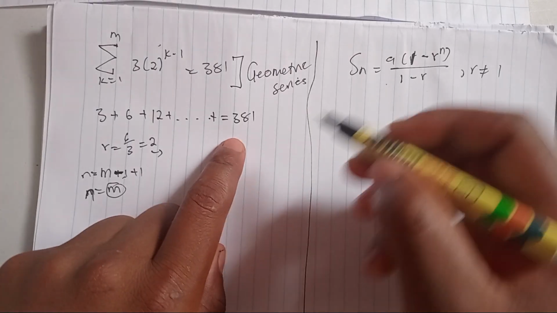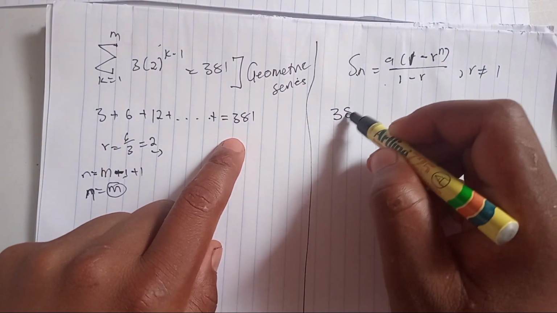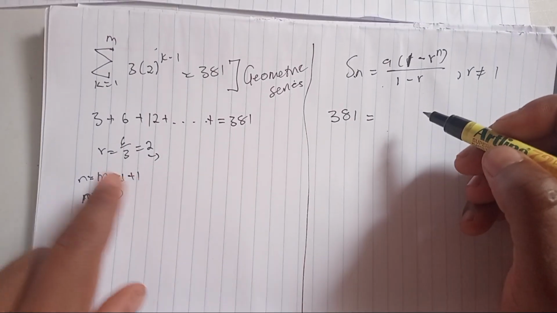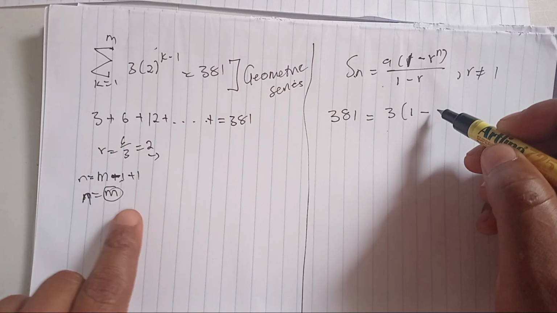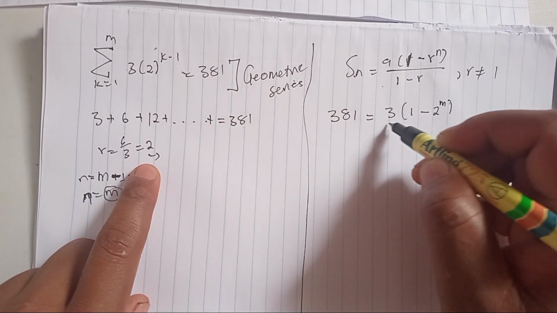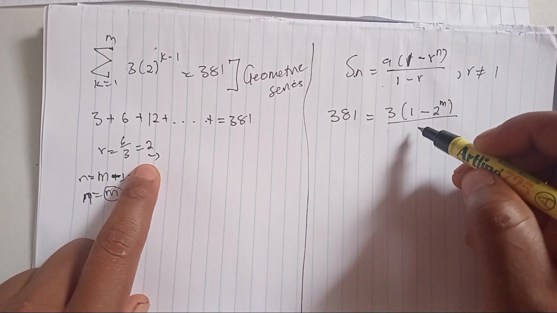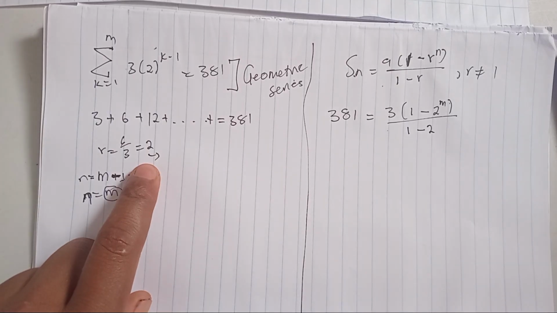Now, what will be the sum? The sum is equivalent to 381. What is the first term? Our first term is 3. The R is 2, so 1 minus 2 exponent M, and then we divide the whole thing by 1 minus 2.